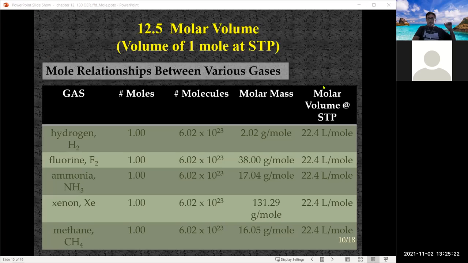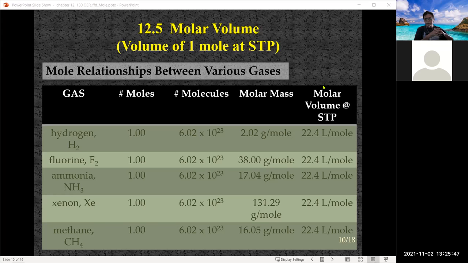Okay, then. So this brings us to what is called molar volume. When we were talking about physical properties of solids, liquids, and gases, for solids and liquids we have a very specific physical property as far as their volume is concerned. We can actually calculate the volume for solids and liquids.